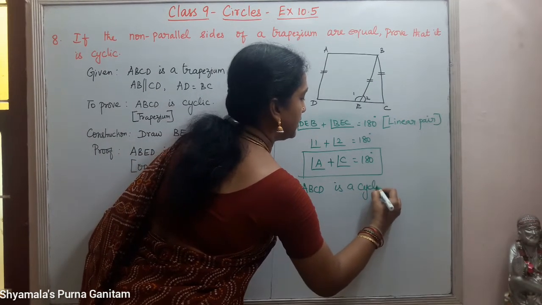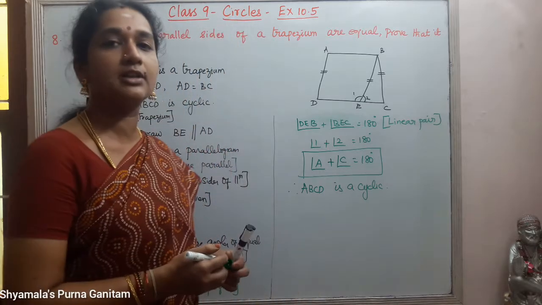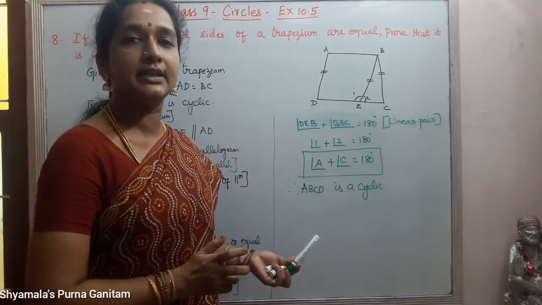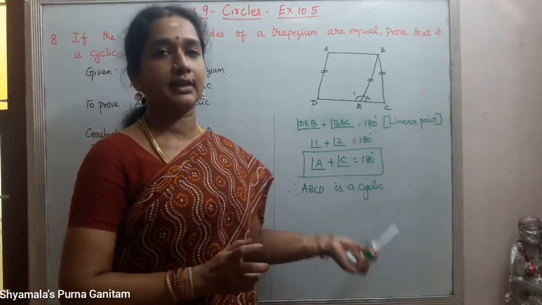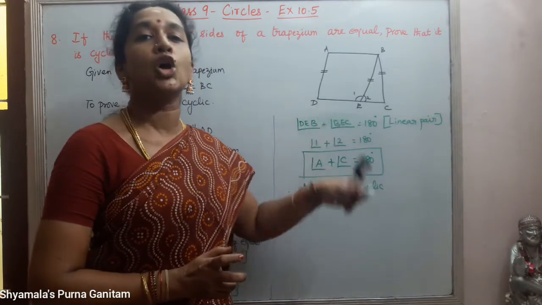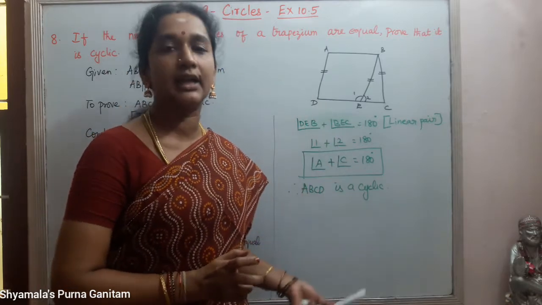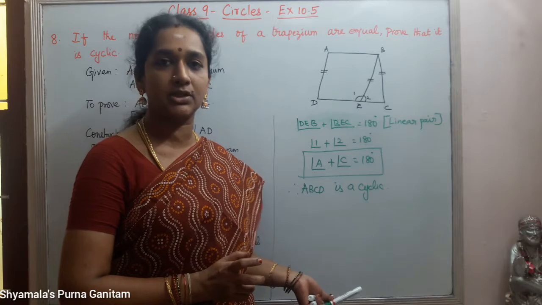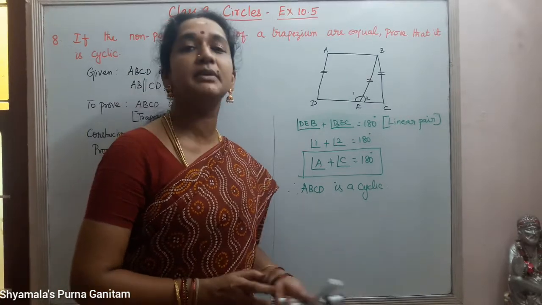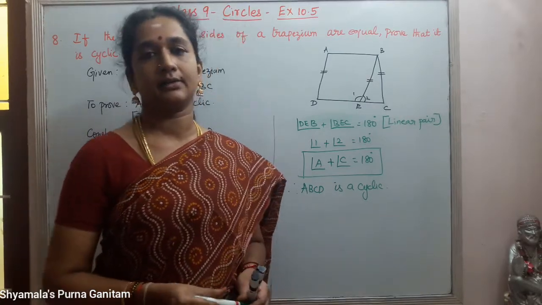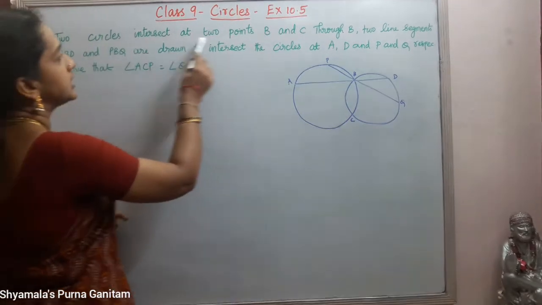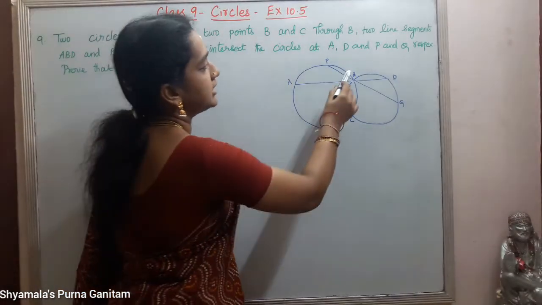We were asked to prove that ABCD, the trapezium, is cyclic. Since the opposite angles are supplementary, we can say that ABCD is cyclic.